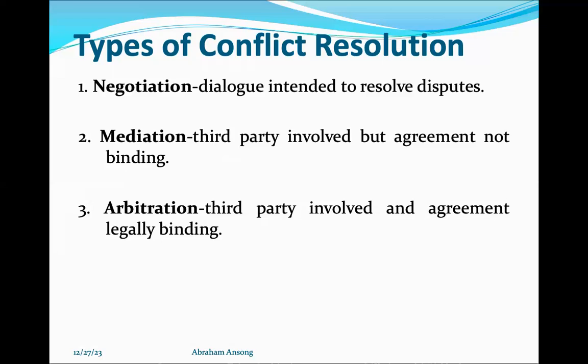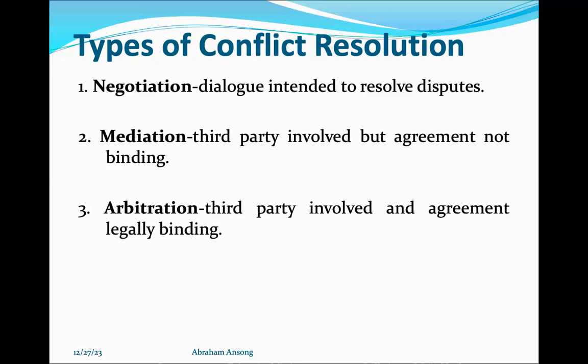All right. So if they want to reach some agreement, maybe on working conditions, and they are not able to come together to reach those agreements, they may resort to a third party to help them reach that agreement through a process known as mediation. All right. The only difference between mediation and arbitration is that even though they both involve a third party, the agreement that is reached during mediation is not legally binding on the parties.